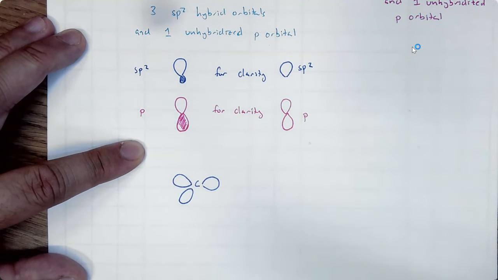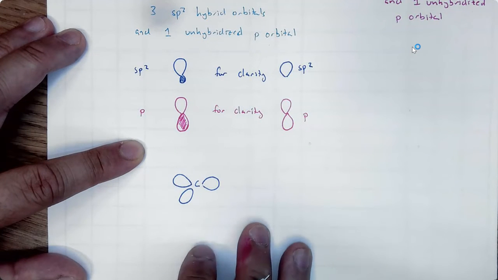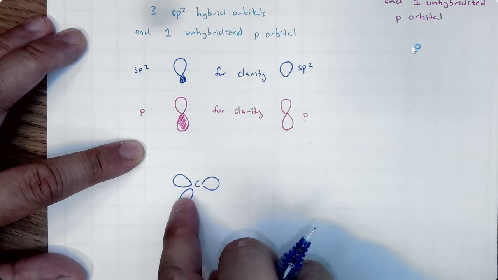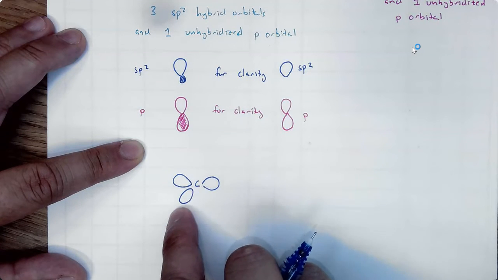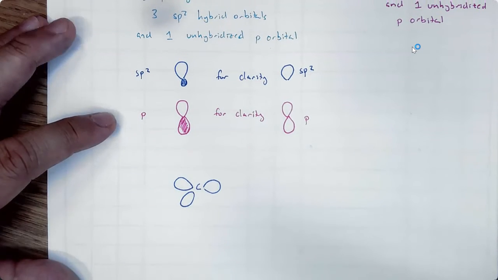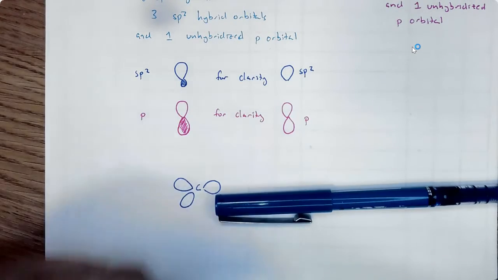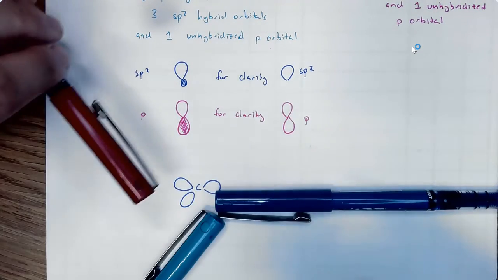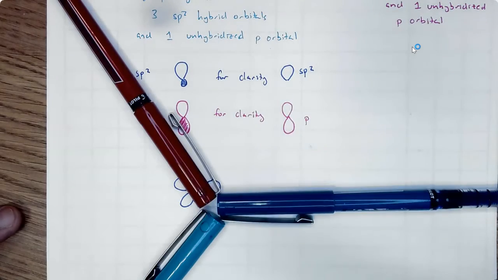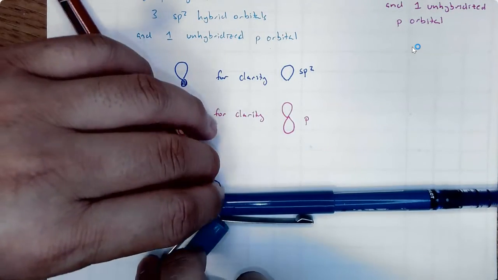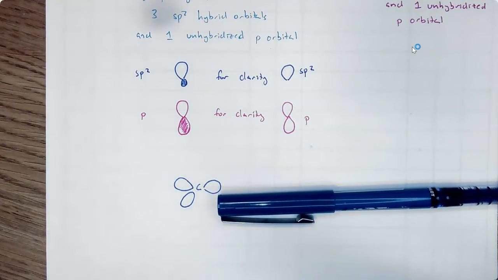Okay, so it's a little bit hard to show towards us and away from us on a flat piece of paper, but imagine if this is coming towards us and this is going away, that you have a trigonal planar orientation that kind of looks like this. Okay, if it was flat on the paper, or well, I'll leave it at that.